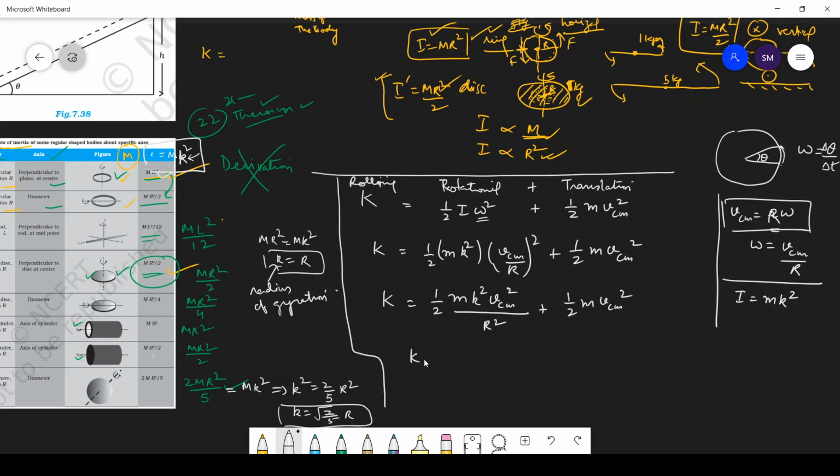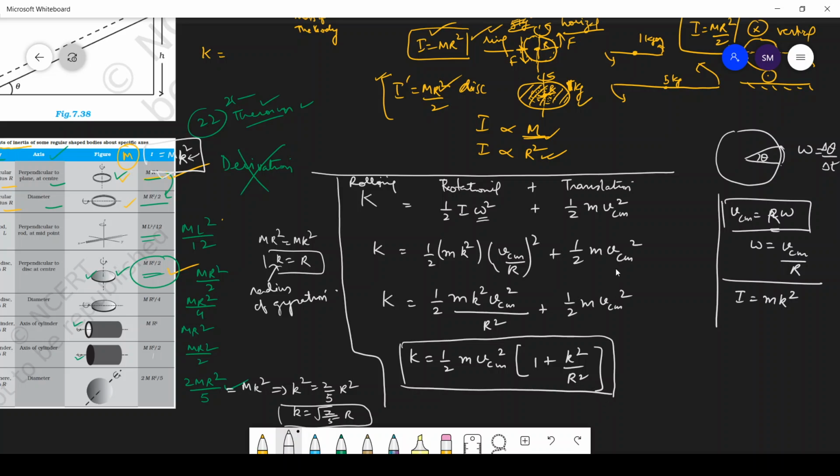Further I can take half m VCM square common, and we will get 1 plus k square by r square. This step you need not even write, you can directly get the common term. So only 3 steps: step 1, step 2, and this you can write as step 3. So only a 3-step derivation of the kinetic energy of the rolling body.